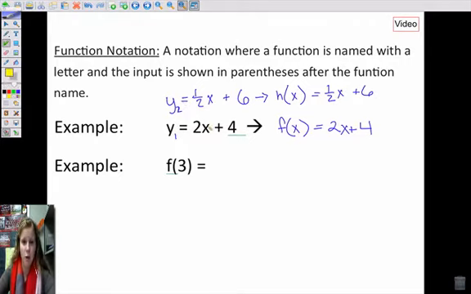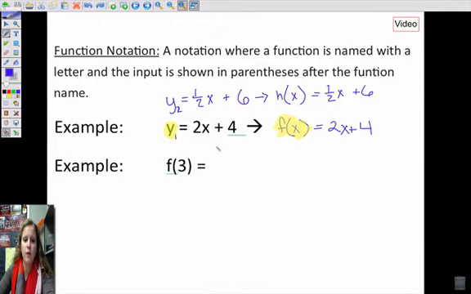This is still y, basically. So the new y is now f of x, or h of x. There's a new name. That's all function notation is, a new name. And then the x value: sometimes we're asked, what is y when x is 3?